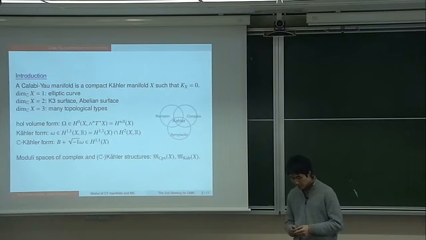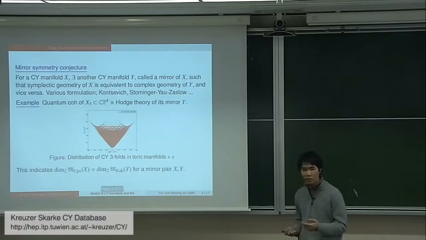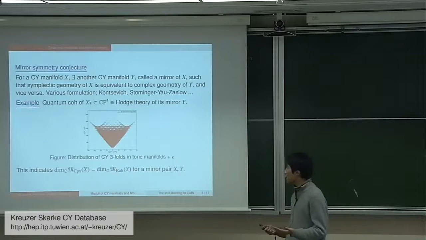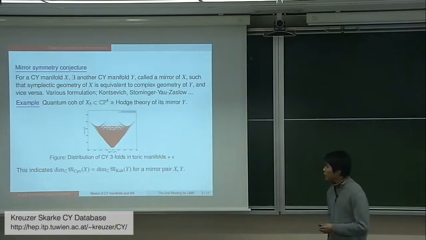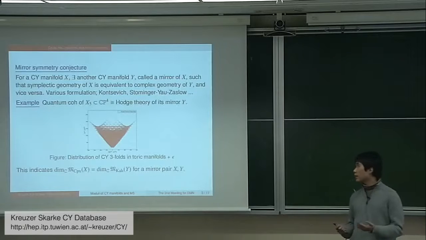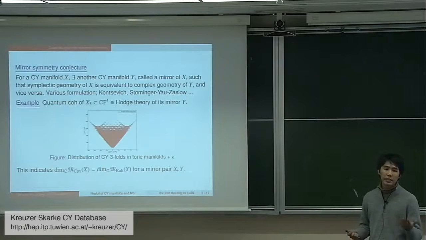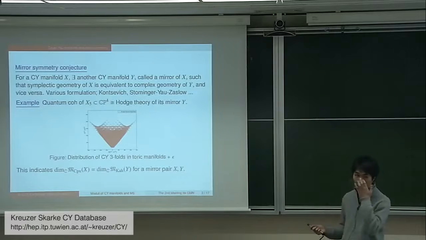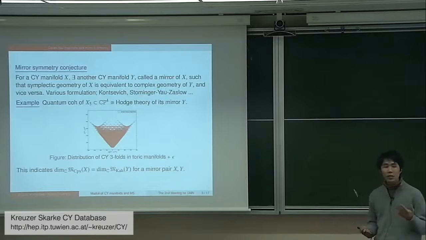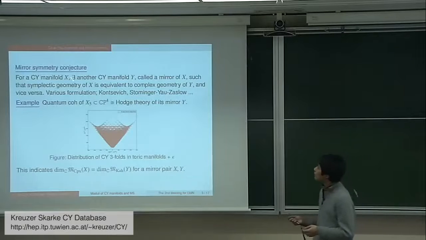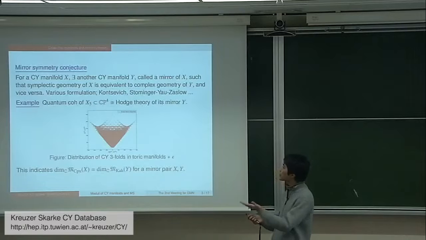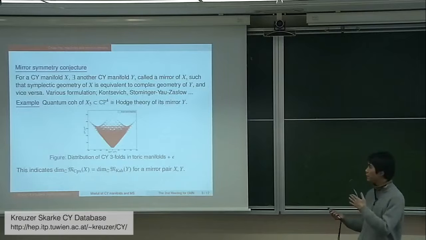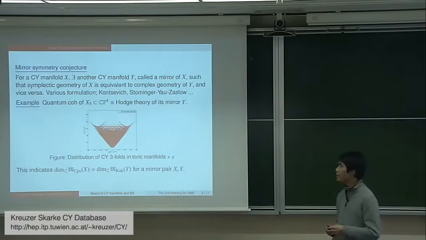In the last 3 decades, I think the main motivation to study Calabi-Yau manifolds comes from mirror symmetry, which is a conjecture inspired by string theory. The conjecture roughly claims that given any Calabi-Yau manifold X, there exists another Calabi-Yau manifold Y, called a mirror manifold of X, such that the symplectic geometry of the initial Calabi-Yau manifold X is equivalent to the complex geometry of the other Calabi-Yau Y, the mirror partner, and vice versa.